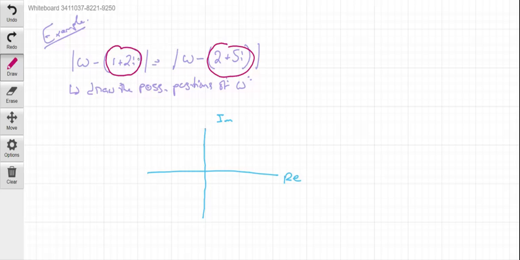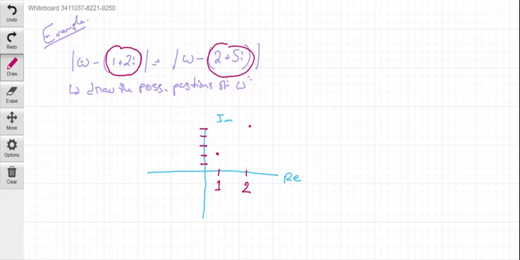But anyways, for this, let's figure out where these points are. So 1 on the x-axis, and I need up to 5 on the y-axis. So that's 1, 2, 3, 4, and let's say this is 5. So 1 plus 2i is right over here, and 2 plus 5i is right over here.